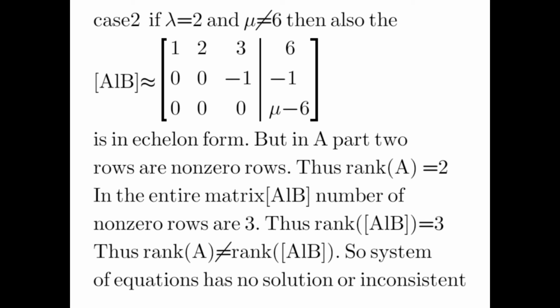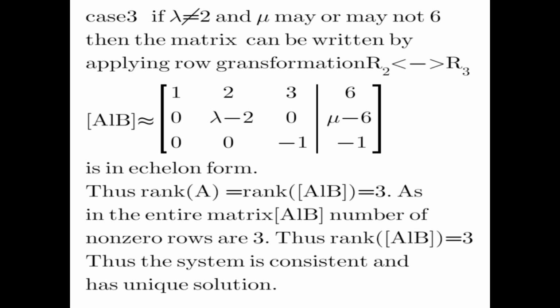But if we consider the entire matrix AB, along with the constant mu minus 6 in the last entry, and mu is not equal to 6, so mu minus 6 is not equal to 0. Therefore in the entire matrix there will be 3 non-zero rows, and rank of AB is 3. Here you note that rank of A is less than rank of AB, or rank of A is not equal to rank of AB, therefore there will be no solution.